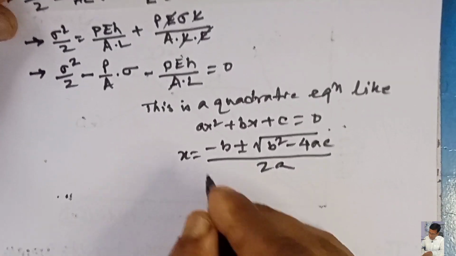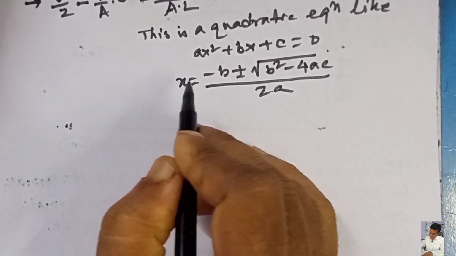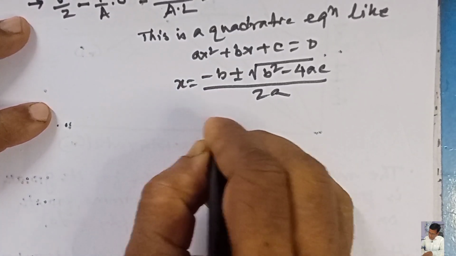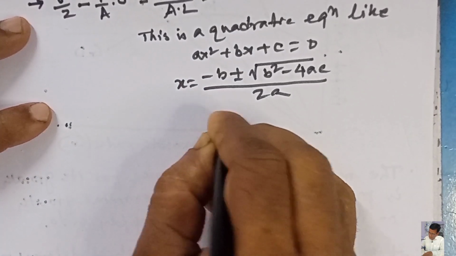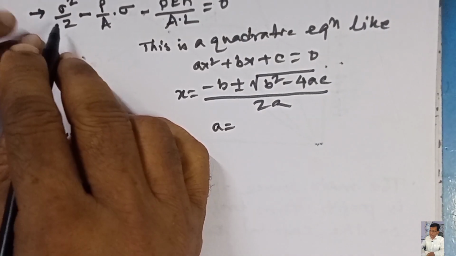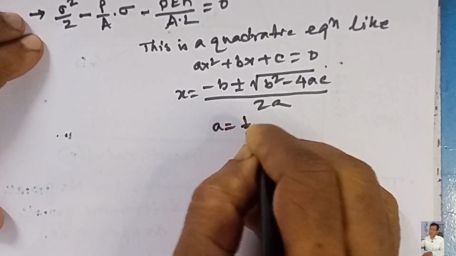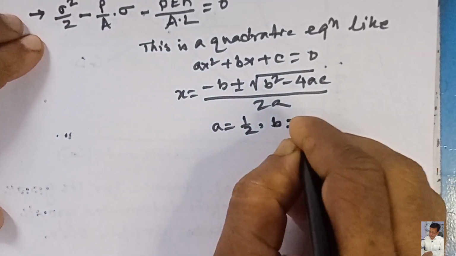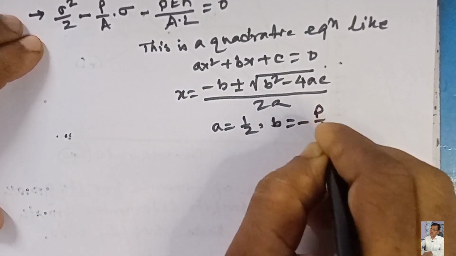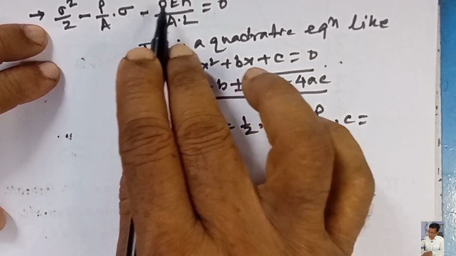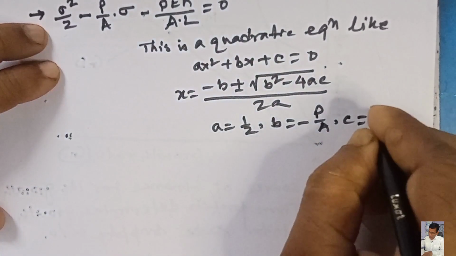Comparing these two equations, we can say a is equal to half, b is equal to minus P by A, c is equal to minus PEH by AL.